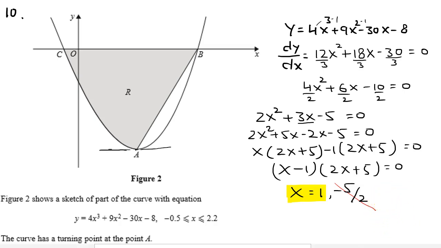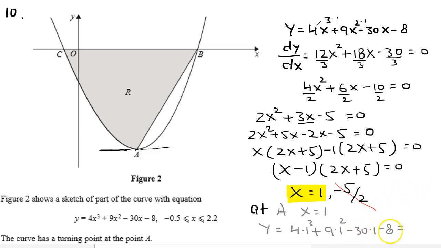Now the second part says we can also calculate the value of y. We may need it. So let's calculate. So at x is equal to 1, the y will be 4 multiply 1 cube plus 9 multiply 1 square minus 30 multiply 1 minus 8.